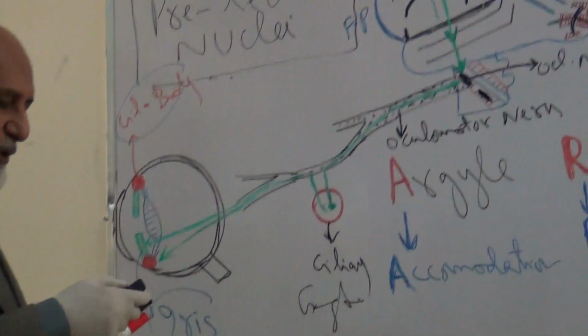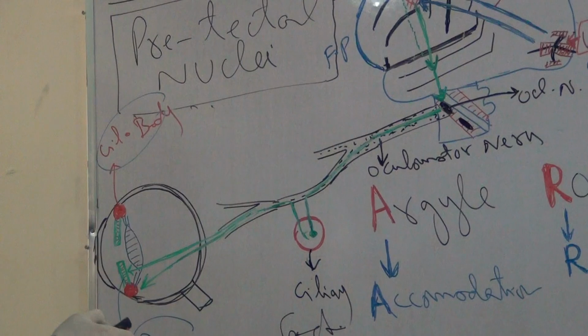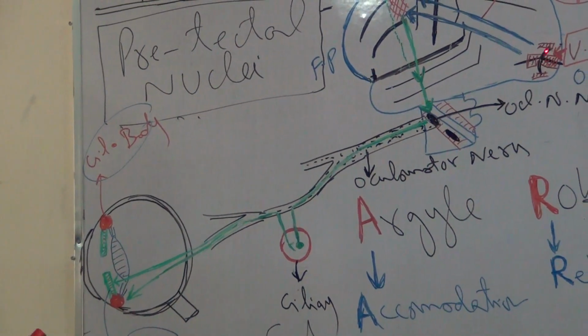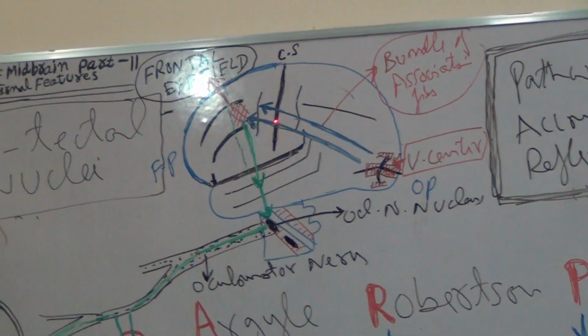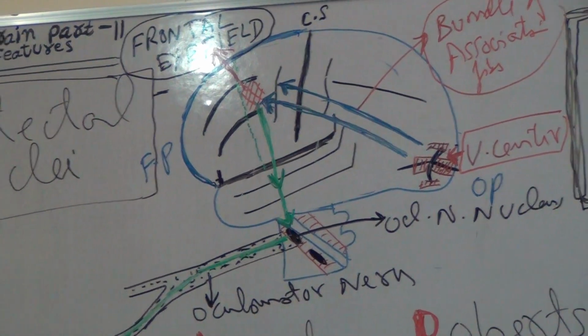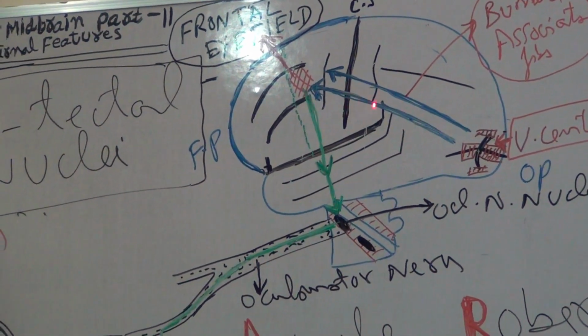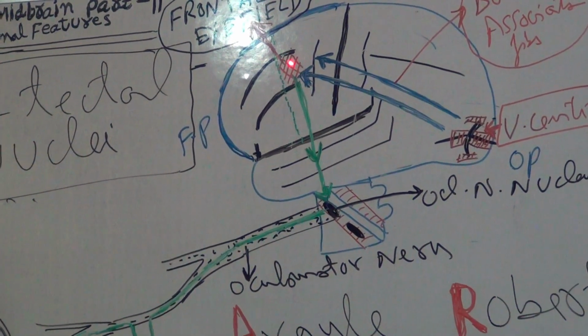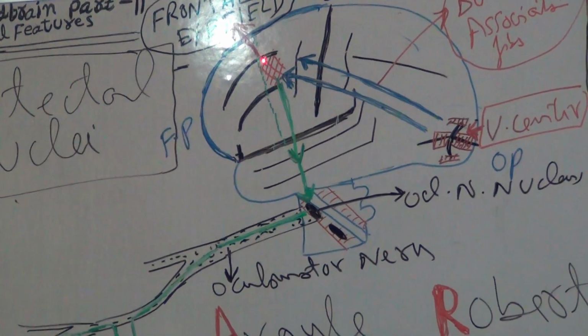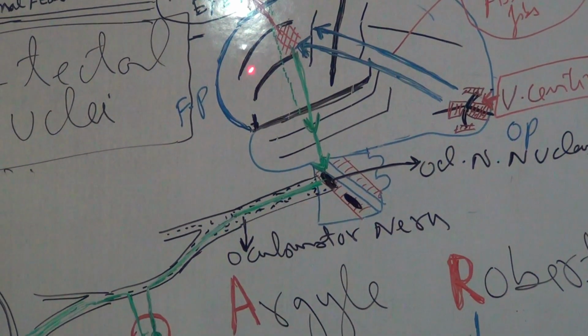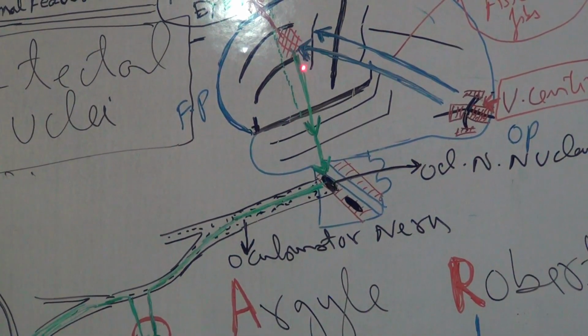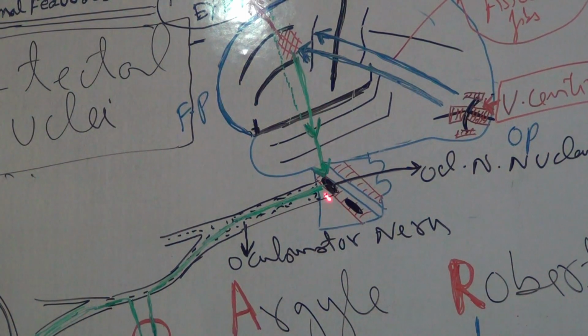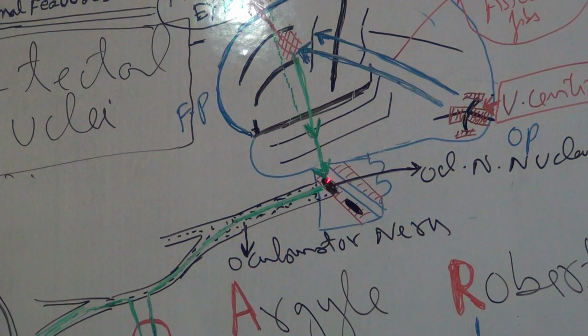So the accommodation pathway: from the visual pathway ending in the visual center, a bundle of association fibers arises, one in the right cerebral hemisphere, the other in the left. These bundles of association fibers relay in the frontal eye field, which is on the superolateral surface at the posterior end of the middle frontal gyrus. From here the nerve fibers descend, enter the midbrain, and relay in the Edinger-Westphal nucleus of the oculomotor nerve.